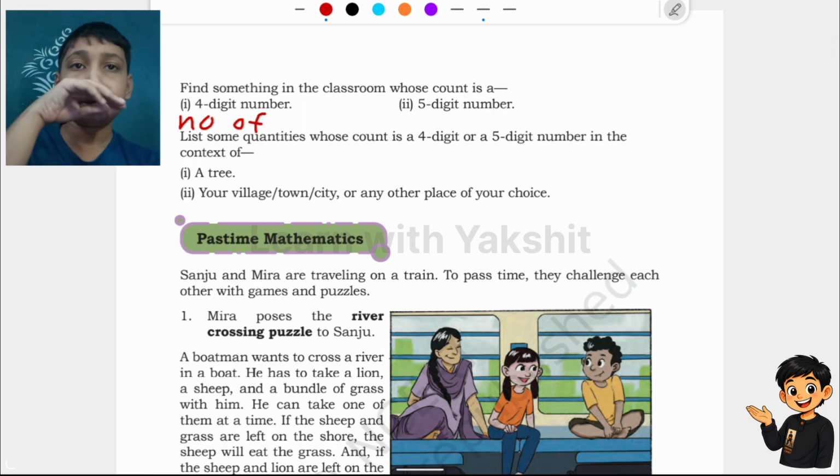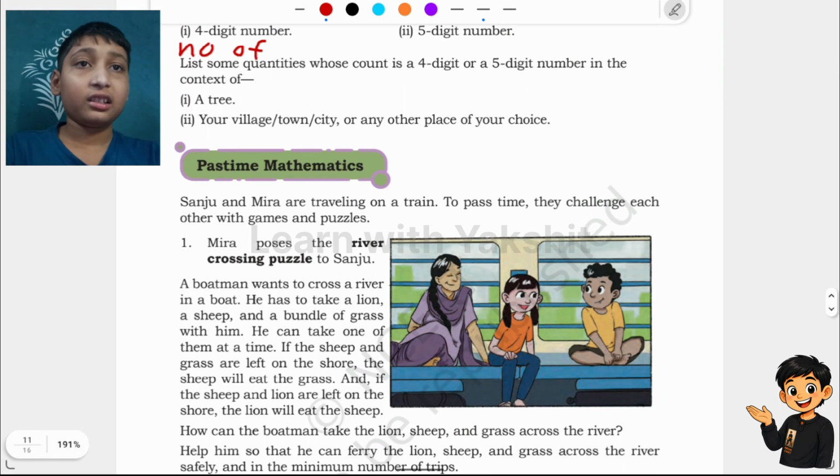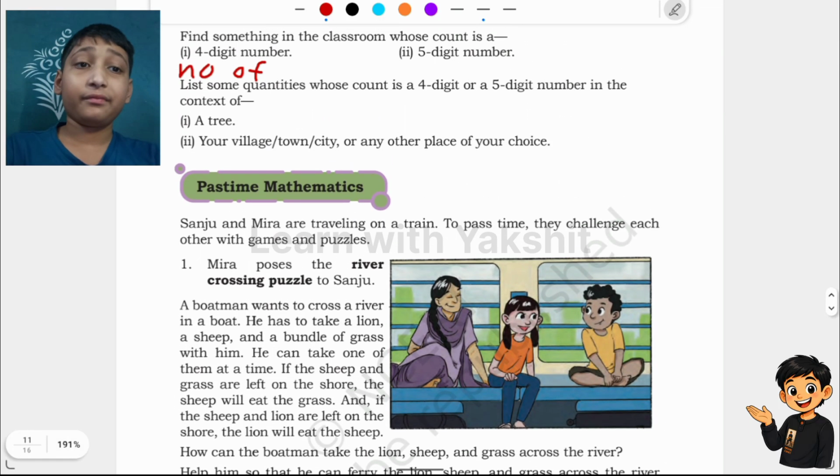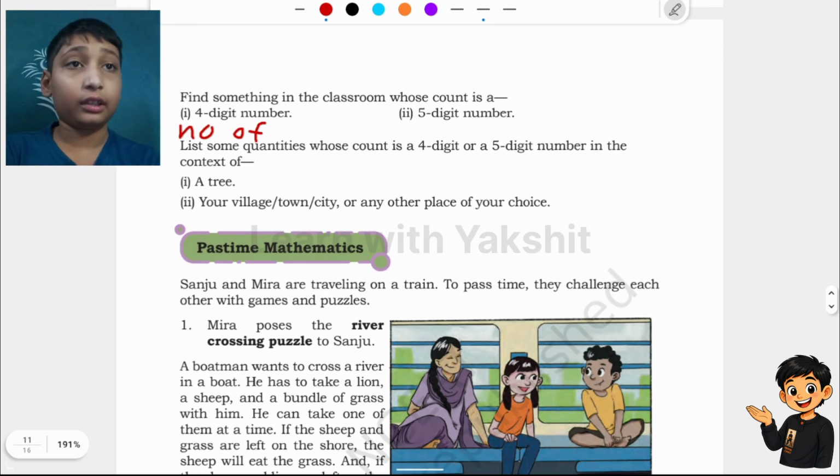Books? We could do books. Pencils are too small, erasers also too small. How about number of letters on this page? This is nearly like 1,000, right?